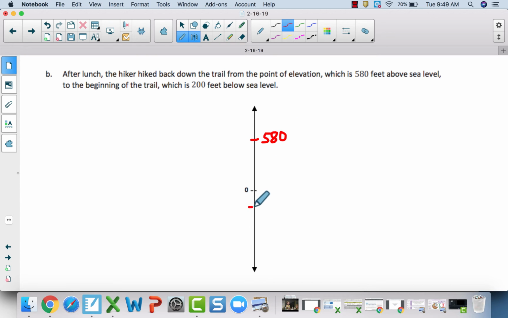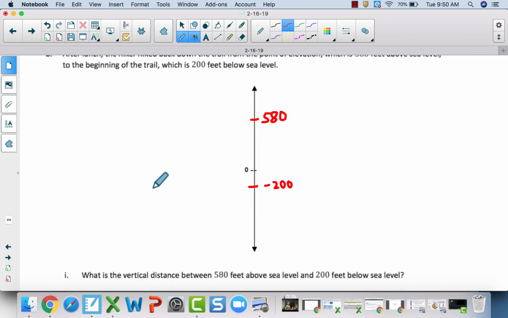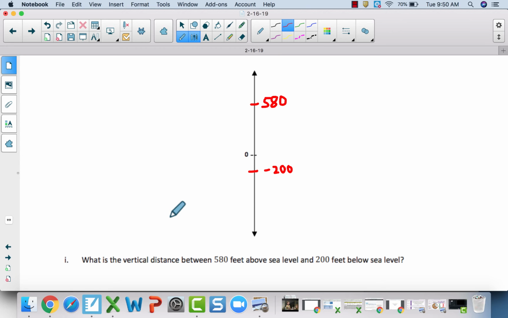So 200 could be maybe down here, and I'm going to mark that as a negative 200 because that number is below 0. Now, question 1 is asking, what is the vertical distance? So it's asking, what is the distance between 580 and negative 200? Now, really, what I'm thinking is I know it's 580 to get back to 0, and then it's another 200. So I know it's 780.